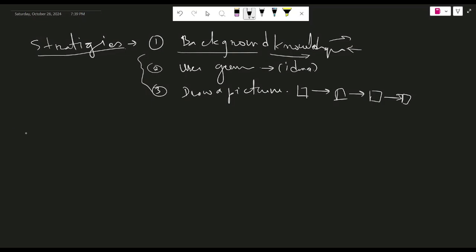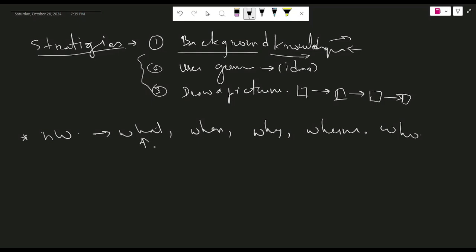Then while solving a problem, another key point is the 5 W's. What are the 5 W's? They are what, when, why, where, and who. These 5 W's are applied while solving a problem.